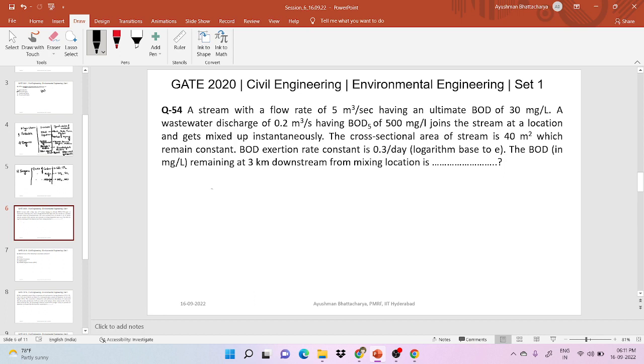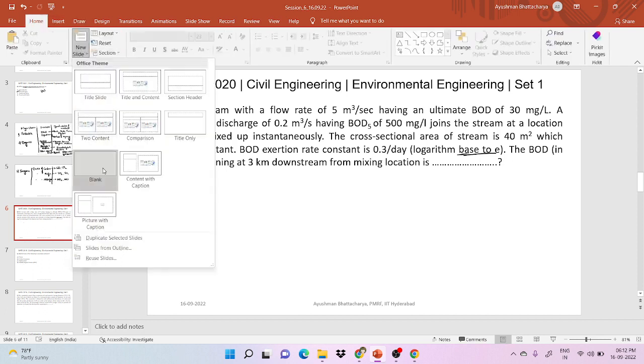A wastewater discharge of 0.2 meter cube per second having BOD5 of 500 milligram per liter joins the stream at a location and gets mixed instantaneously. The cross-sectional area of the stream is 40 meter square, which remains constant. The BOD exertion rate constant is 0.3 per day, logarithm base e. The BOD remaining at 3 km downstream from the mixing location is.